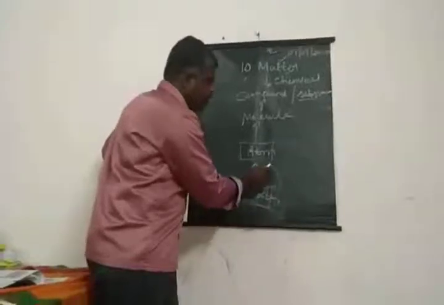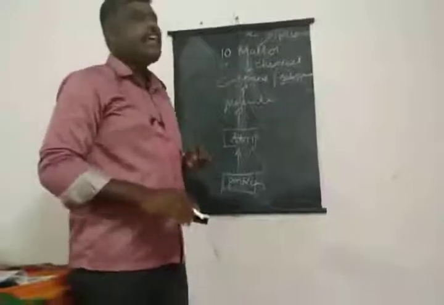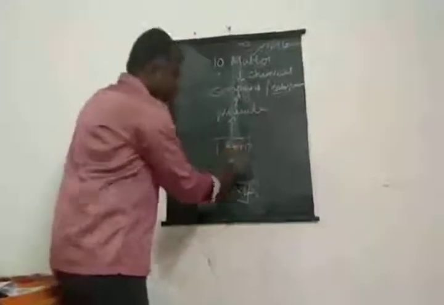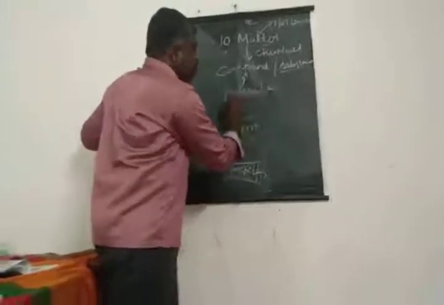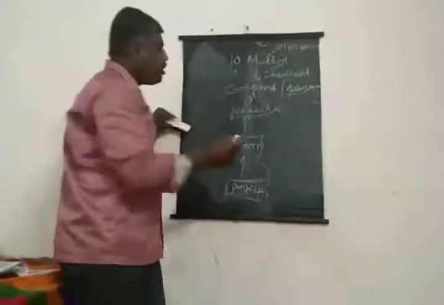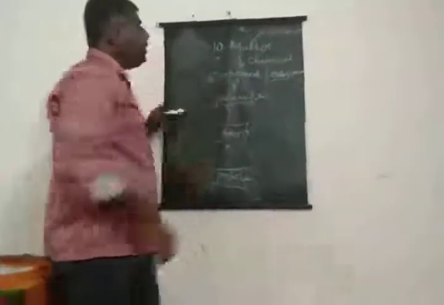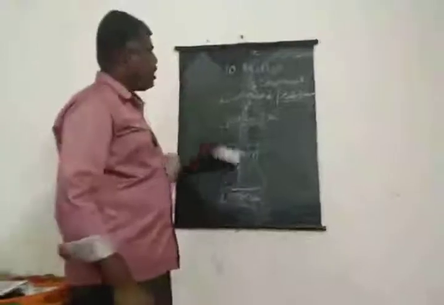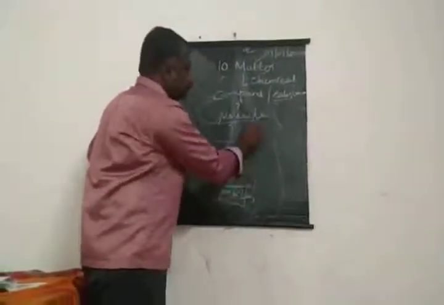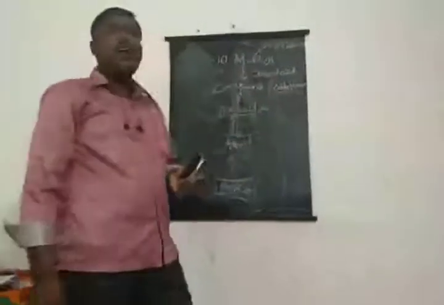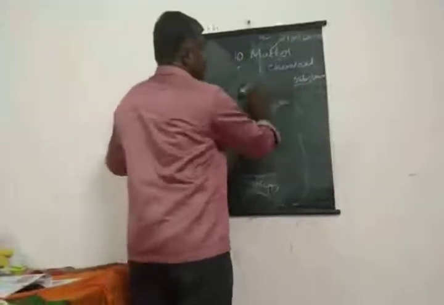How to define the atom? Atom is the smallest particle that takes part in a chemical reaction. So atom is made up of the smallest particle. What is meant by molecule? More than one atom combined to give a molecule. More than one molecule combined to give the compound. This is the chart. So we can easily identify what is meant by particle, atom, molecule, and compound or substance. Can you understand? Okay, right. Next one.